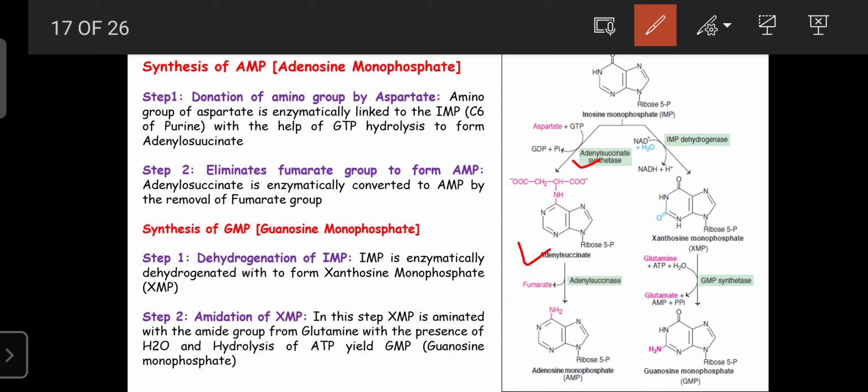In step 2, the adenylosuccinase enzyme removes the fumarate from the adenylosuccinate and is responsible for the formation of adenosine monophosphate, that is AMP.